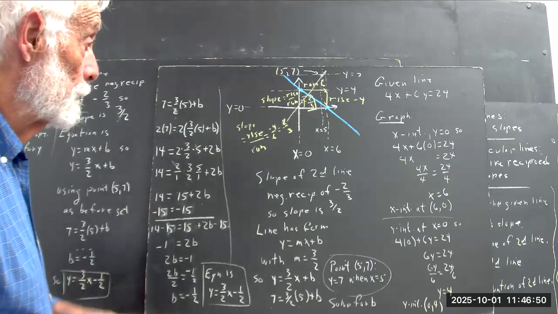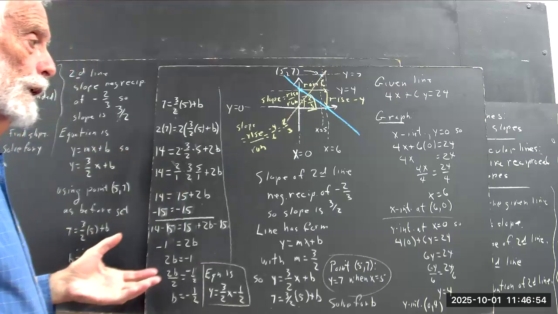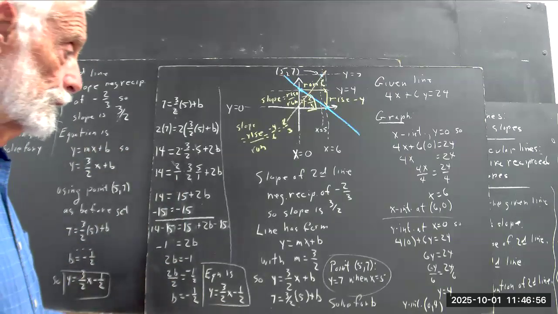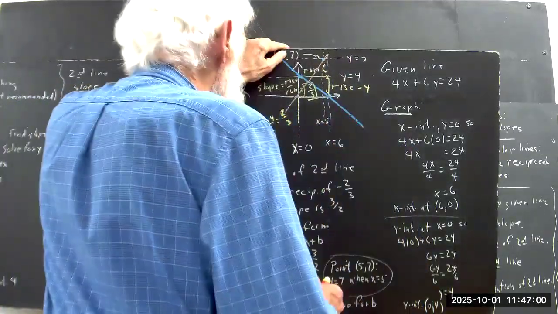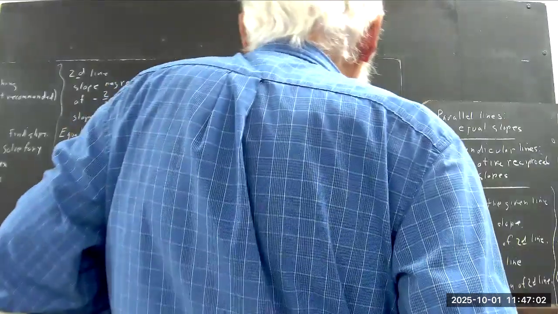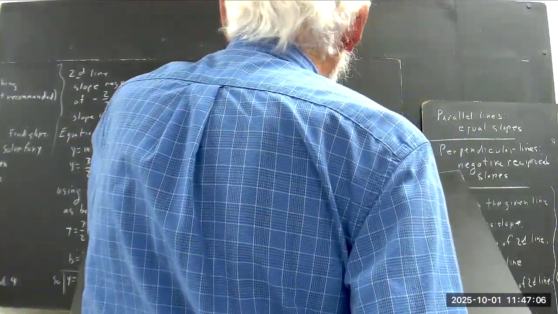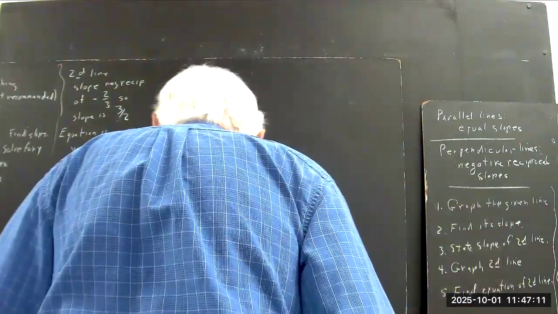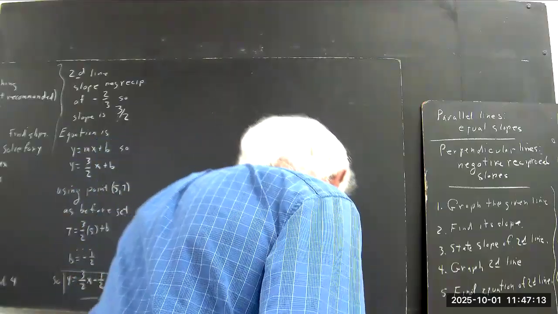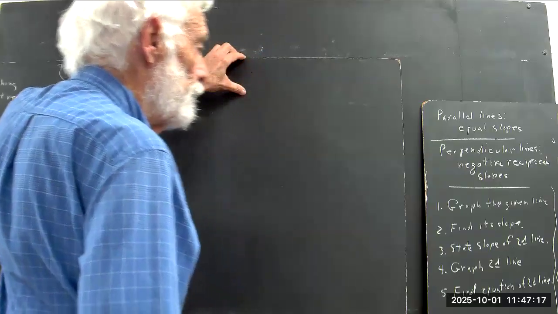Now, the second problem was a line parallel to the line y equals 3/7 x plus 5. So I think I'll use this part of the board. Okay.